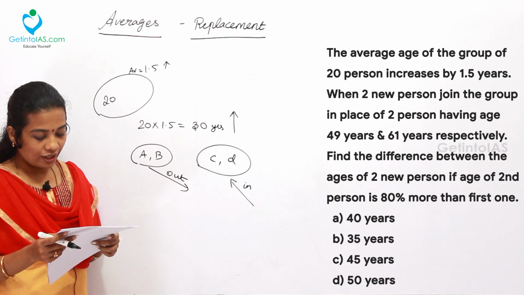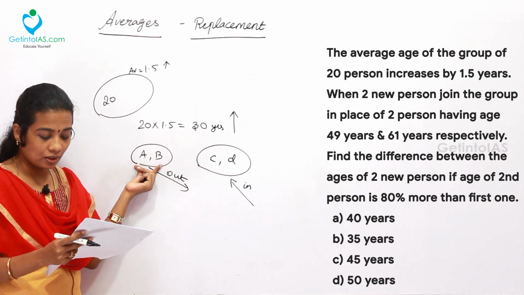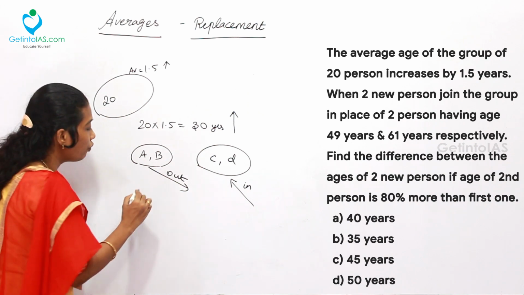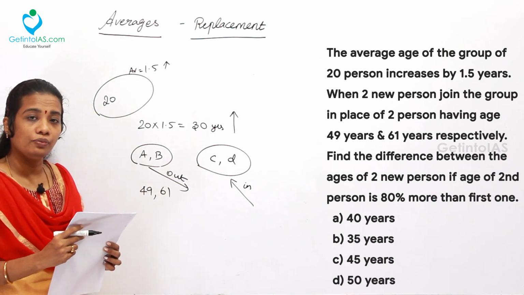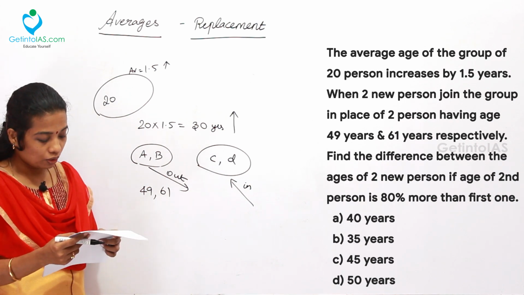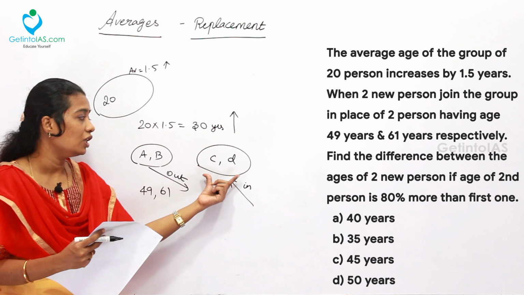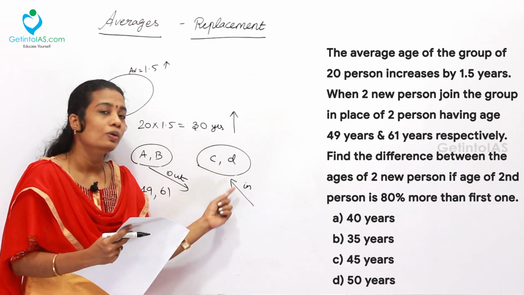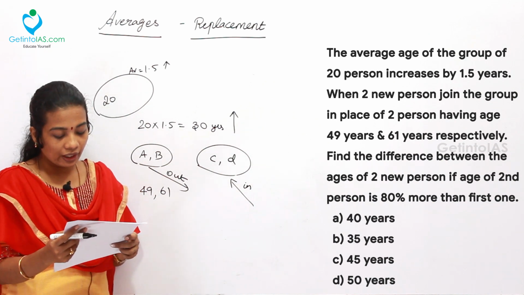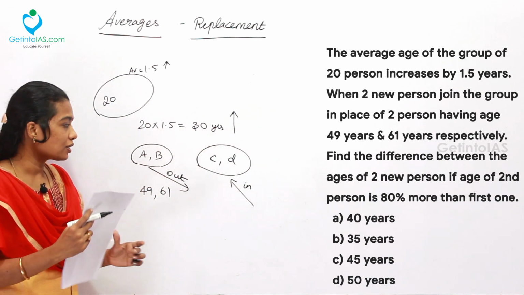Then the next point, here they have clearly stated these two persons' ages are 49 and 61 respectively. Now our work is what? Find the difference between the ages of two new persons. These two new persons' ages first are to be found. Then afterwards you will have to find the difference between their ages. So step by step we can solve these kinds of sums.